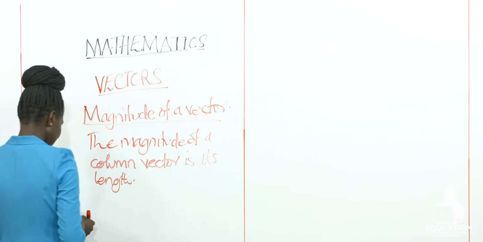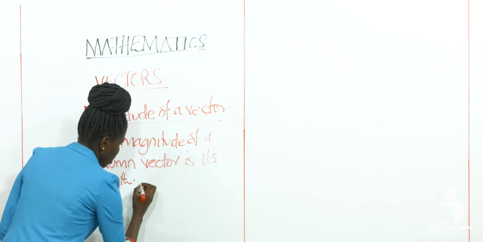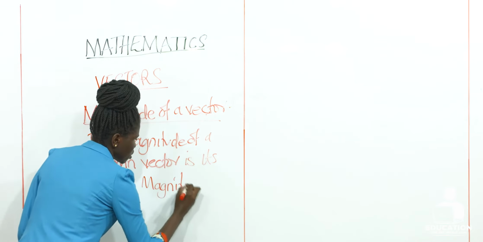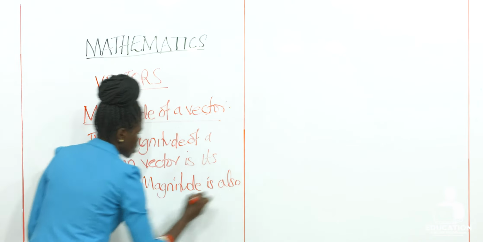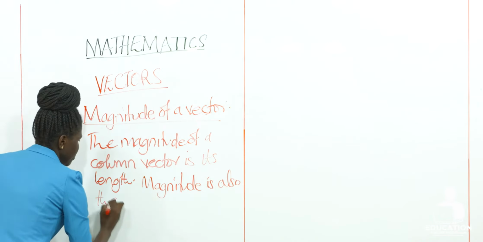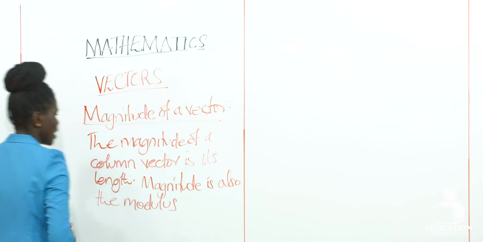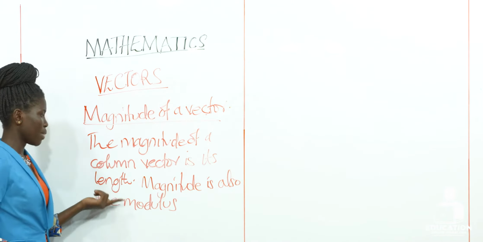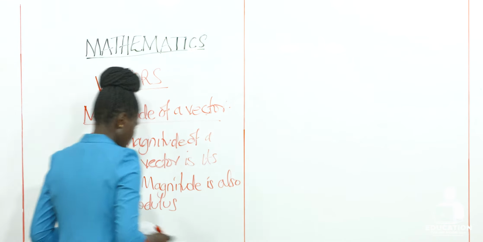And the word length in this case can also mean magnitude, which is also the modulus. When you're asked to find the modulus, the length, the magnitude of a given vector, what we mean is for you to find the length of that particular vector.